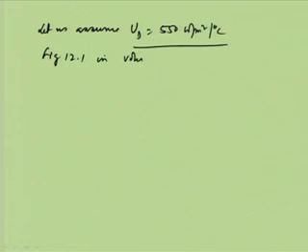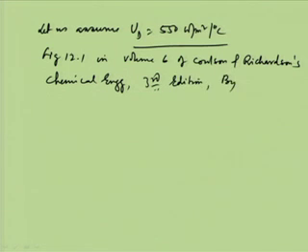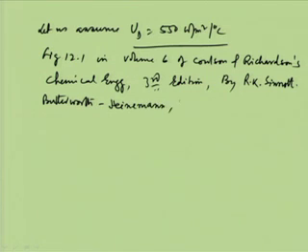We have two kinds of process fluids, one is methanol and another one is brackish water, and we can get some idea about this from figure 12.1 in volume 6 of Coulson and Richardson's Chemical Engineering, third edition, by R.K. Sinnott, Butterworth-Heinemann, 1990 edition.